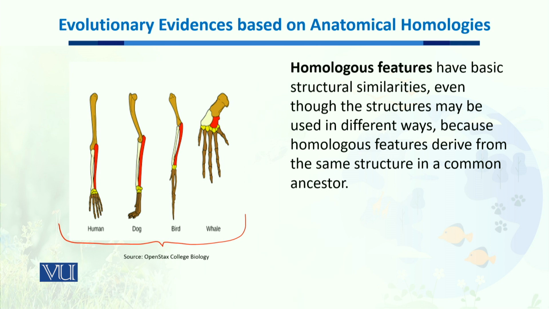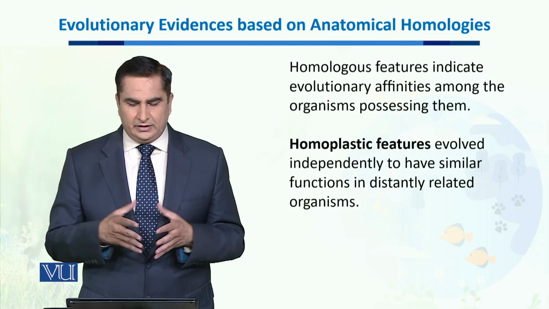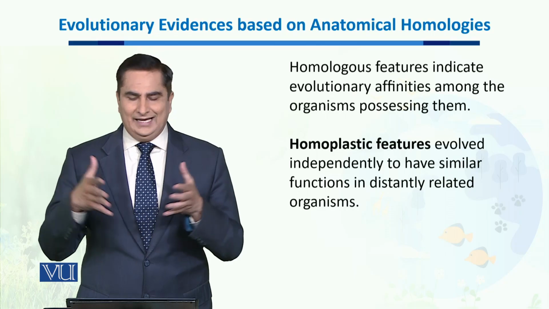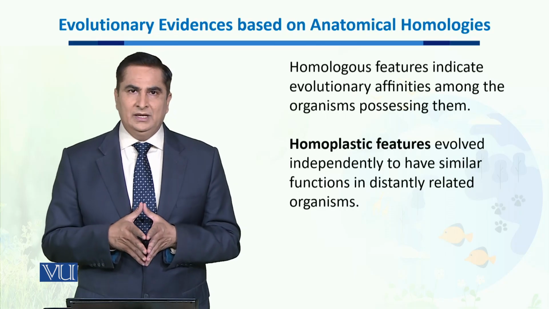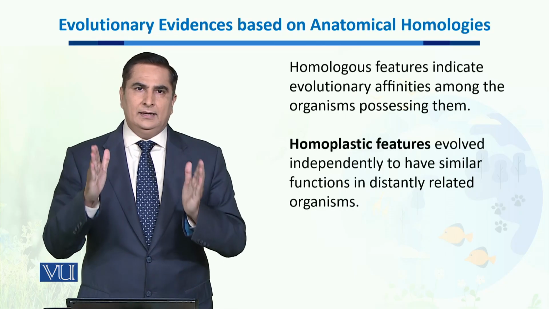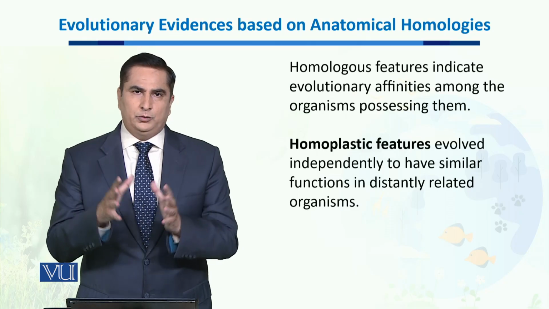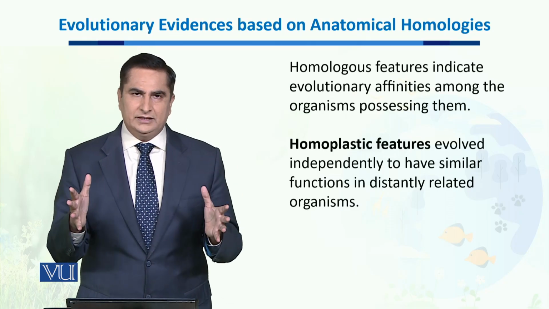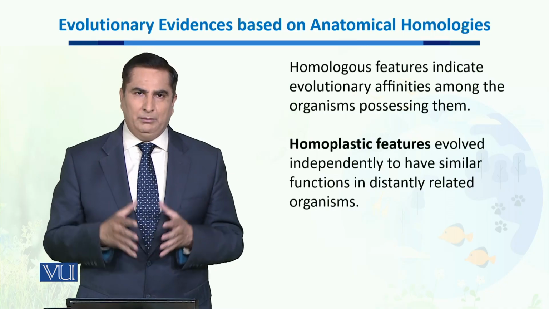Although they are all different and have different functions, internally they are the same structures. Now, these homologous features indicate evolutionary affinities among the organisms which possess them. That's why they are grouped together in the group of mammals.